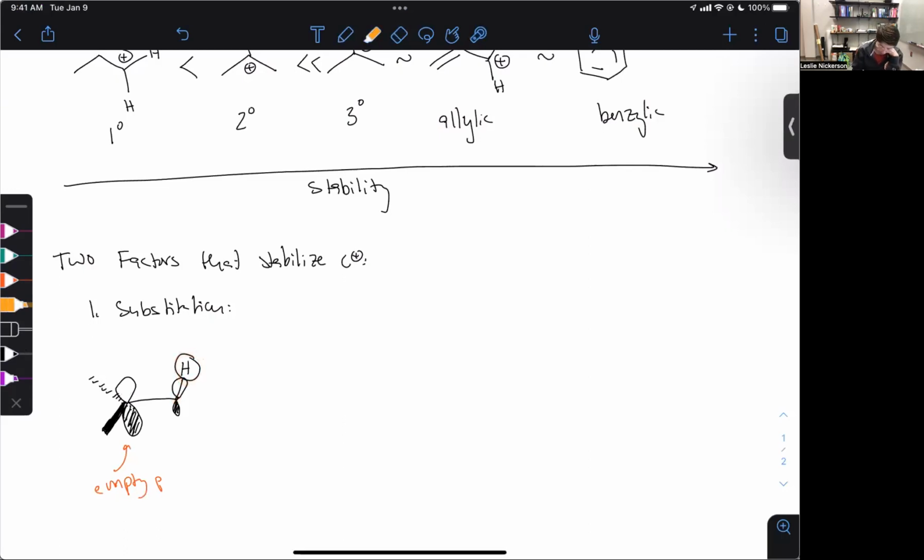What can actually happen is I can donate some of that electron density from that bond to my empty p orbital. If I imagine I have a similar situation on the other side, the more of those I have, the more stable that empty p orbital is going to be, because I've got essentially more electron density being shoved towards it.